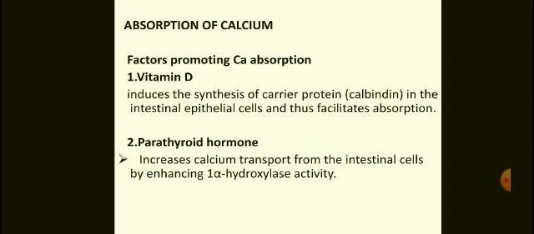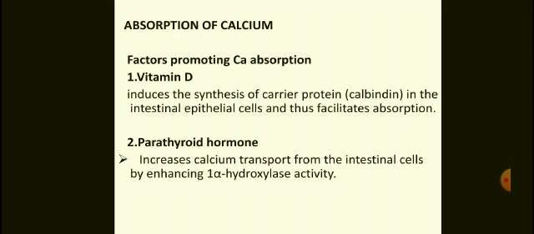Vitamin D actually induces the synthesis of carrier protein calbindin in the intestinal epithelial cells, and thus it facilitates the absorption of calcium. Parathyroid hormone increases calcium transport from the intestinal cells by enhancing 1-alpha hydroxylase activity.